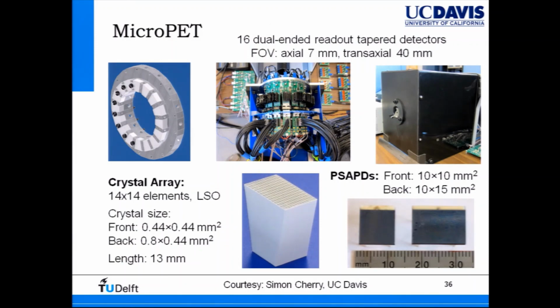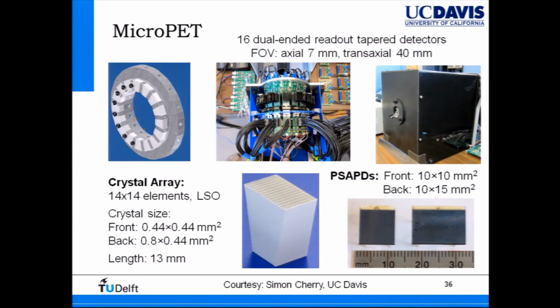These crystals are really very, very tiny in diameter. As you can see, in the order of 0.5 millimeter, and there are reflector foils in between. And as you can see in the image here and also here, these crystals are actually tapered. So they look at the object and they become a bit broader when you go to the back. And that's to reach an efficient fill factor in the ring.